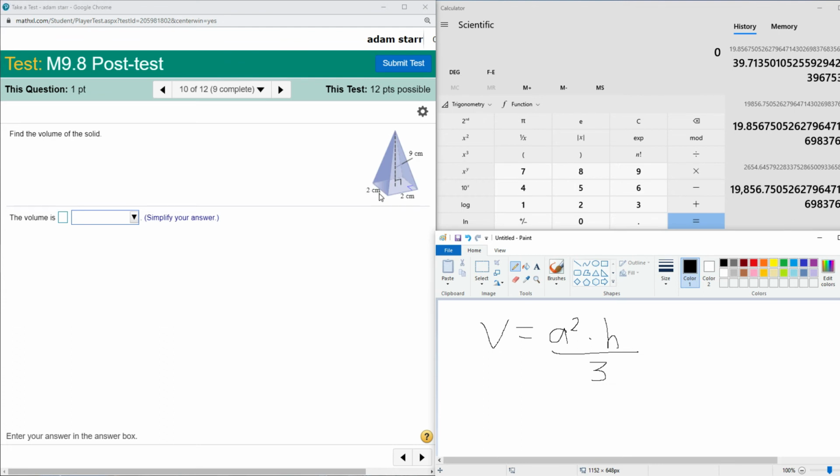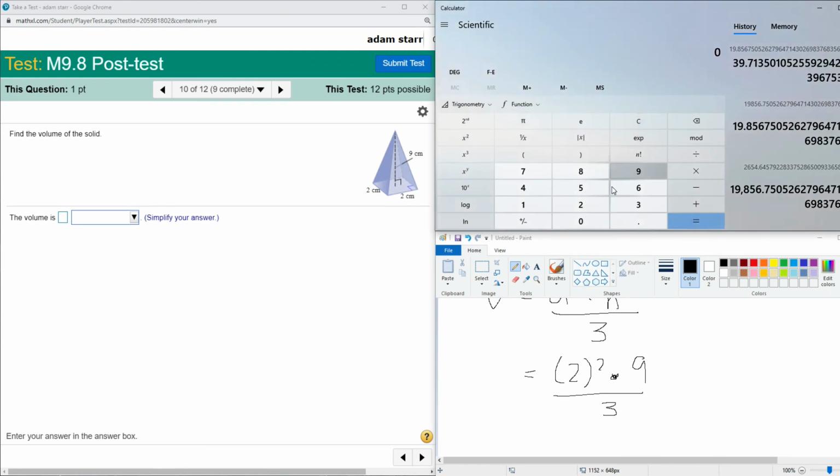Okay, so my edges here, because this is a square, my a is going to be 2. It's going to be 2 squared times my height of my pyramid, which is 9, divided by 3.